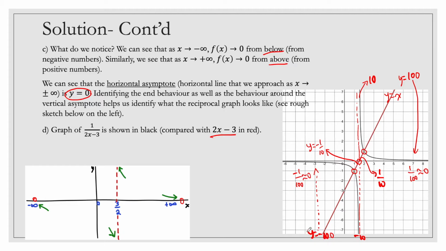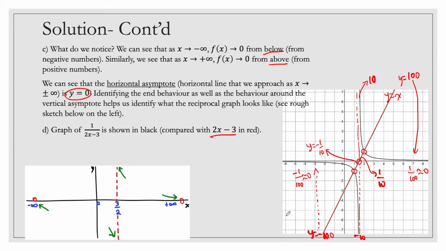So we can see here that when the linear function has a large negative number, its reciprocal value will be a small negative number. So by understanding that linear functions and their reciprocals have reverse behaviors, this will help us to map out what the rest of the graph for the reciprocal will look like.